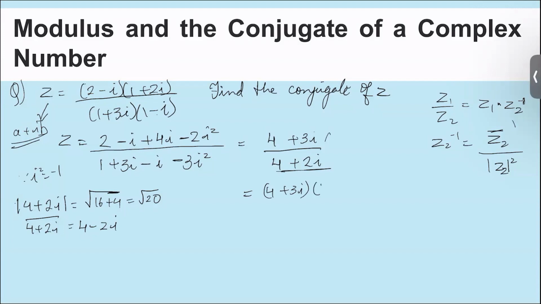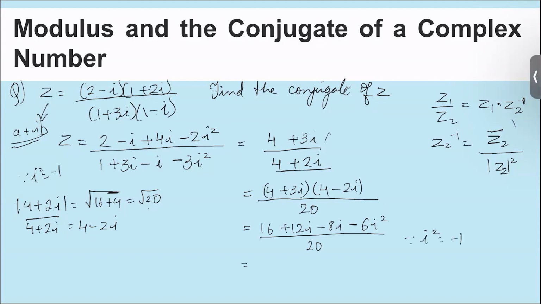So you have 4 minus 2i upon, we've already got the modulus. So the square of this would be 20 itself. Expand your numerator again. So you have 16 plus 12i minus 8i minus 6i squared upon 20. Okay, so what you are left with now, since again i squared is equal to minus 1, this becomes plus 6.